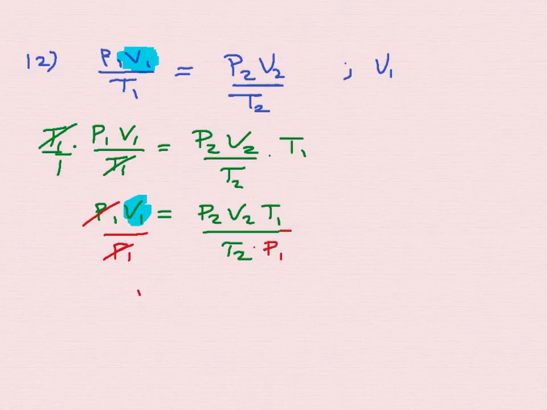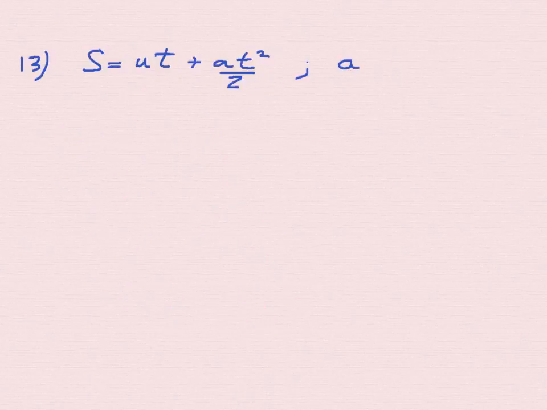Your next line then will read, V1 is going to equal P2 V2 T1 over T2 P1. And those kind of questions are a lot more fun when you're applying them to an actual chemistry question and solving for an actual volume. But we're not doing chemistry, so that's the way she goes.